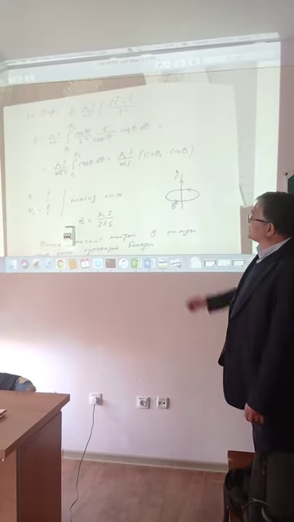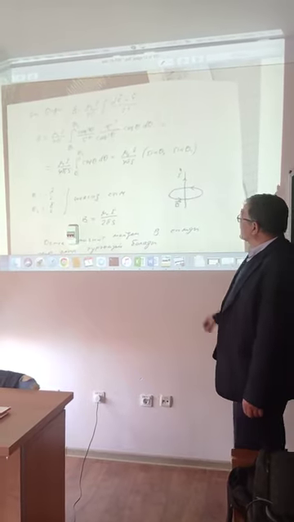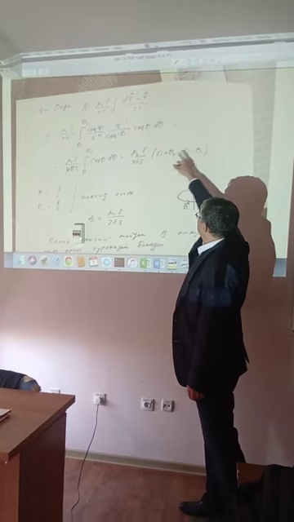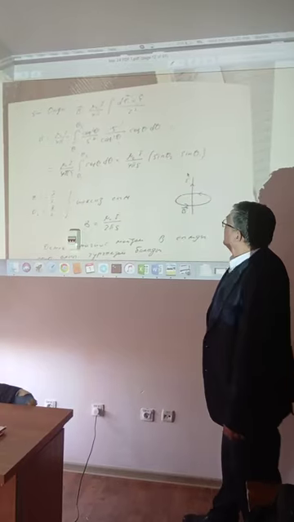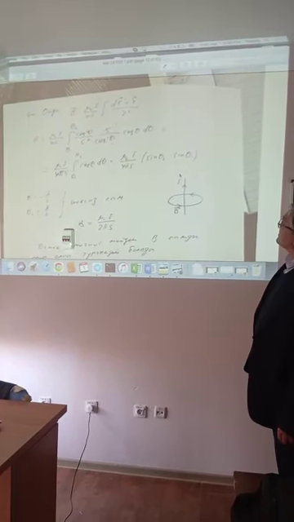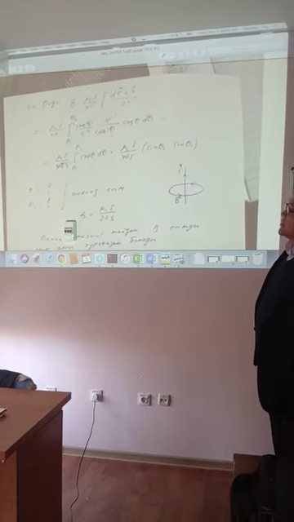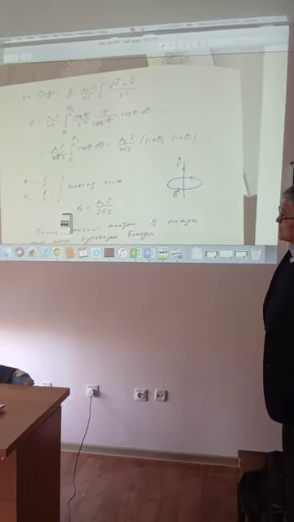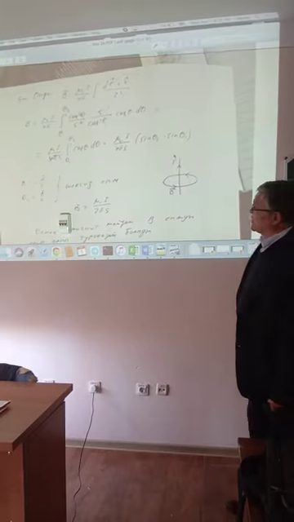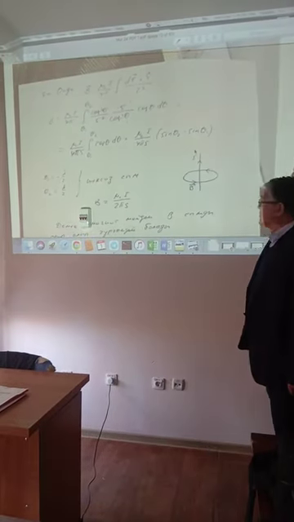So we substitute here theta 1 and theta 2, and we have the expression for B magnetic field: mu naught I divided by 4 pi s times sine theta 2 minus sine theta 1. So in the case if we have an infinite wire, we have theta 1 equals minus pi divided by 2, and theta 2 equals pi divided by 2.